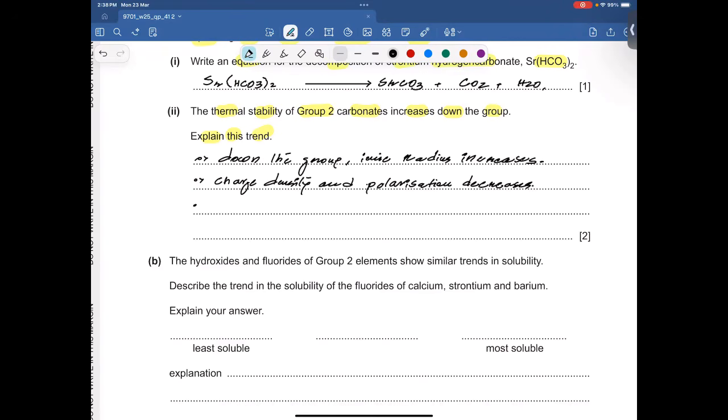That means the cation cannot distort the electrons of the carbonate ion easily.